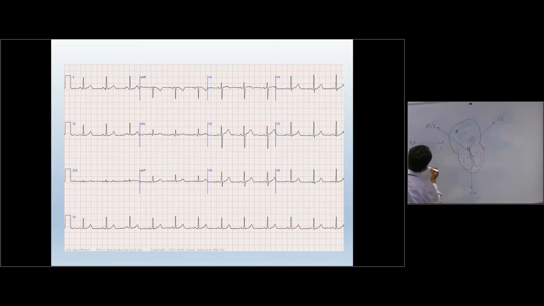So this is the triangle. So the direction of the electricity, if I mark, is this: right arm to left arm, left arm to left leg, and right arm to left leg. So those are the directions.